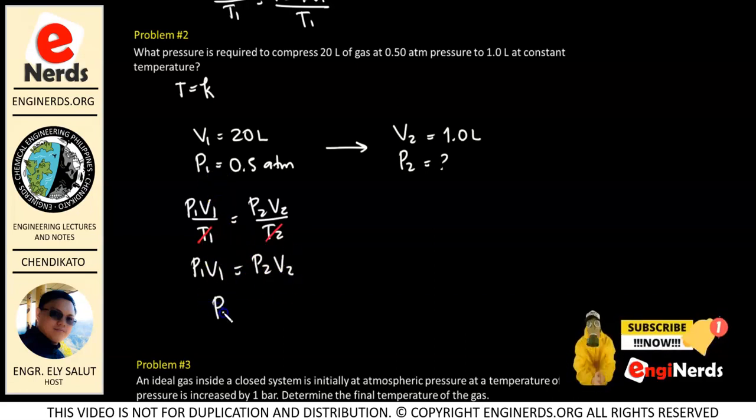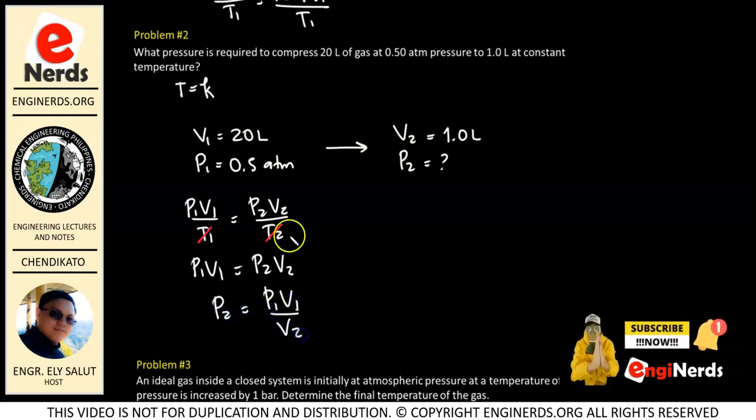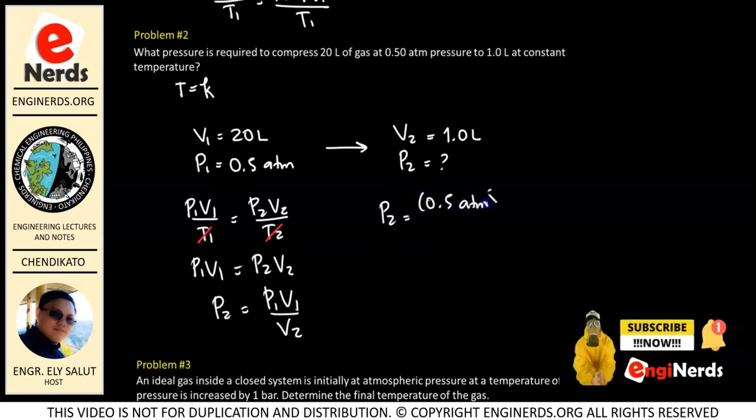So we have to isolate that. So P2 is equal to P1 V1 over V2. Okay, so let us substitute our values here. So P2 is equal to our P1, which is 0.5 atmosphere, times our V1, which is 20 liters, over our V2, which is 1 liter.